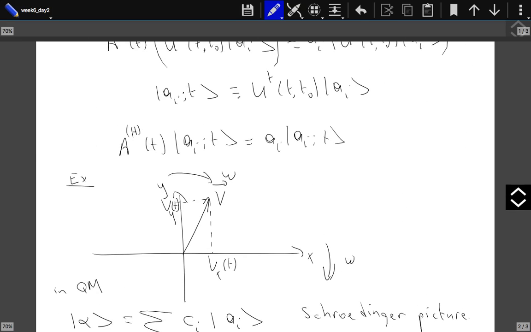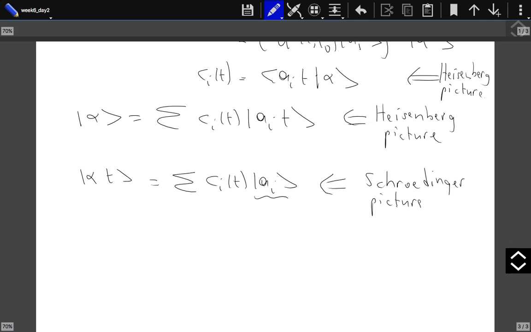Okay, back to this example. The Schrödinger picture is like keeping the axes fixed and rotating your vector V in time. That is our Schrödinger picture. What happens in the Heisenberg picture is the base kets are time dependent.